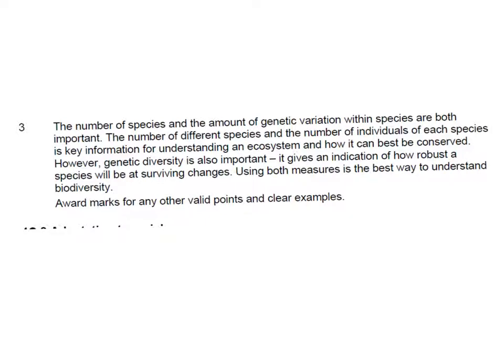The number of different species and the number of individuals in each species is key information for understanding an ecosystem and how it can best be conserved. However, genetic diversity is also important. It gives an indication of how robust a species will be at surviving changes or not. Using both measures is the best way to understand biodiversity.